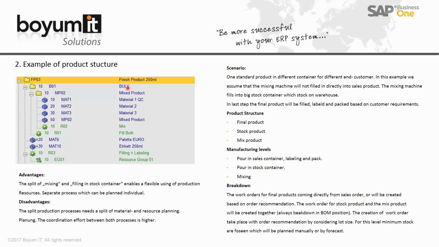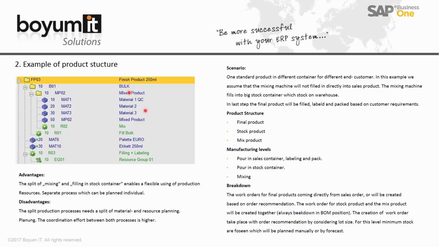Something special here is that we have the mixed product related to our bulk product, and what is described here is that we set an option, always break down.